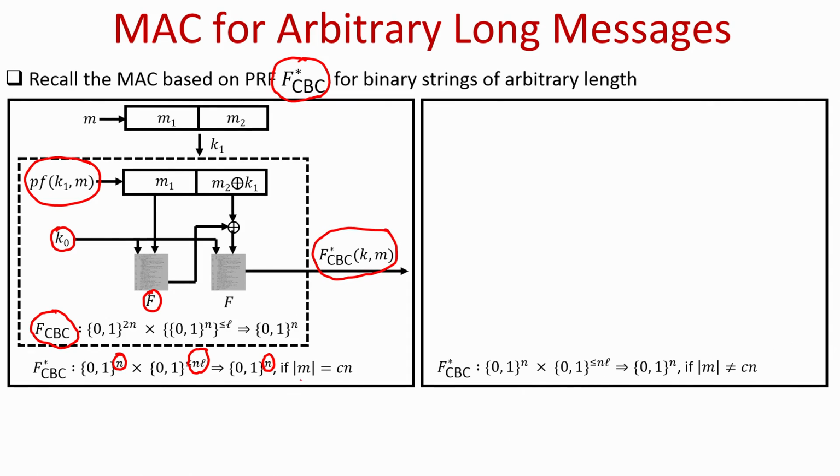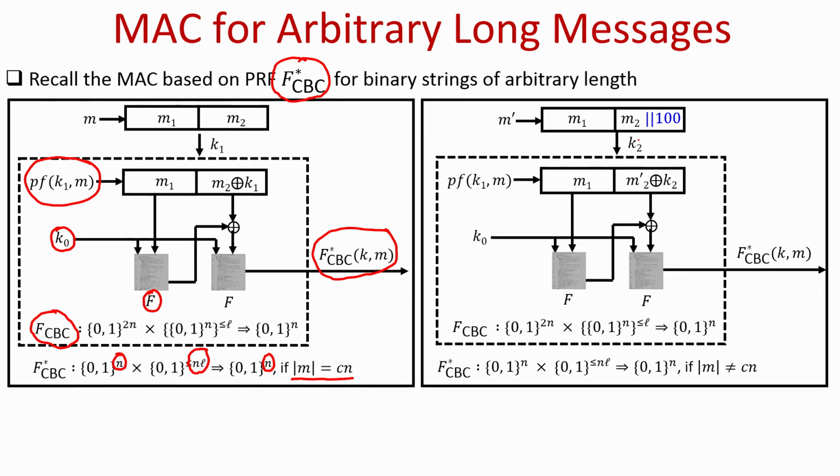This is for the case when the size of your message is c times n for a constant c. Whereas if the size of the message is not a multiple of n, then we do a padding before computing the encoding of your message. The padding is a deterministic padding where we divide your message into blocks of n bits, n bits, n bits, and the last block consists of the padded bits, which is 1 followed by the required number of zeros, and then we compute a prefix free encoding of this padded message m dash under the key k2.